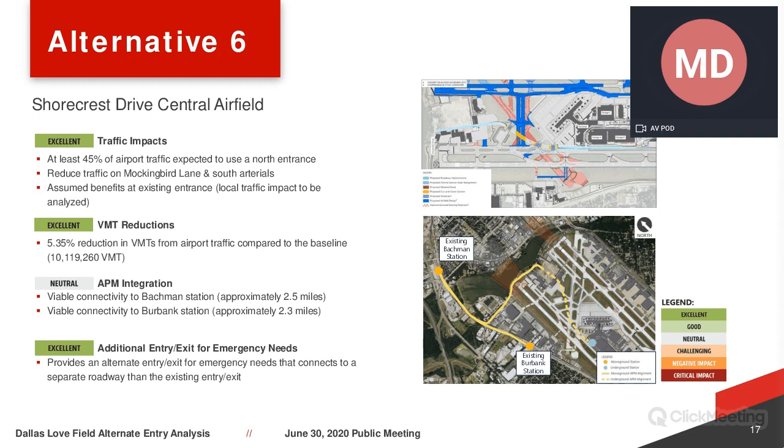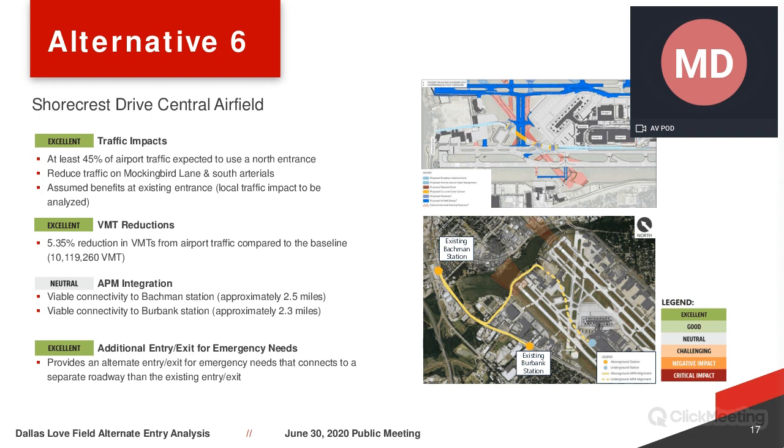Alternative 6 was strong in connections to the emergency needs, creating that alternate pathway in case we had a problem on Herb Kelleher, and vice versa. Either entry would be able to access the airport. The only issue would be the people mover integration, the connectivity to the Burbank or Bachman station. It's about a 2.5 mile ride to Bachman, about 2.3 miles to Burbank. Bachman may be more viable.